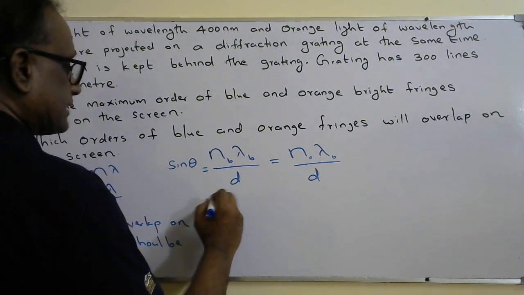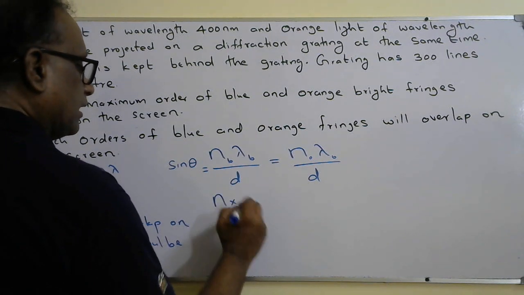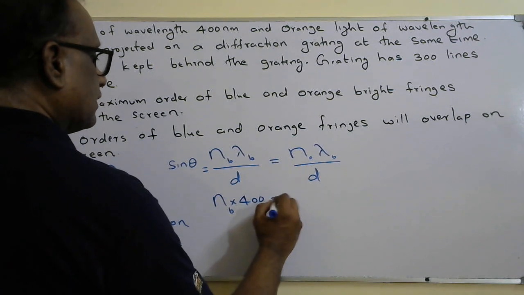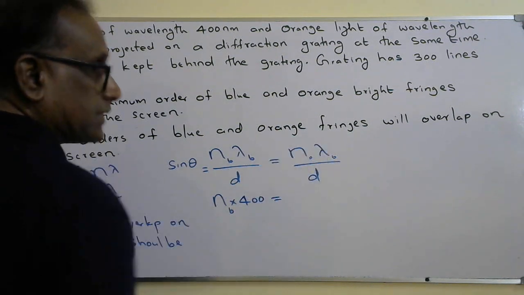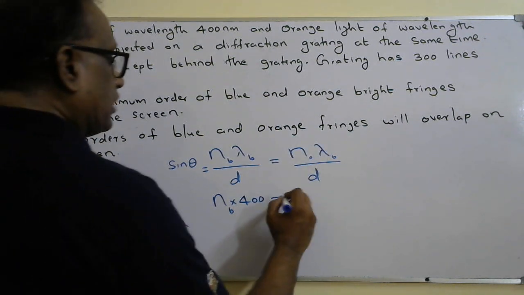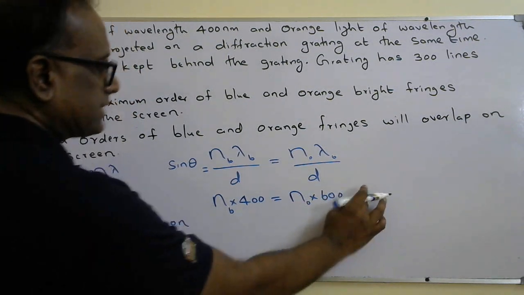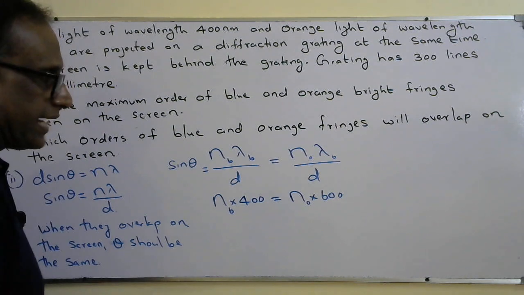D and d will get cancelled. N blue, lambda blue is 400 nanometers. I can keep nano because it's the same unit. N orange times 600 nano, and the 10 to the power minus 9 will get cancelled.